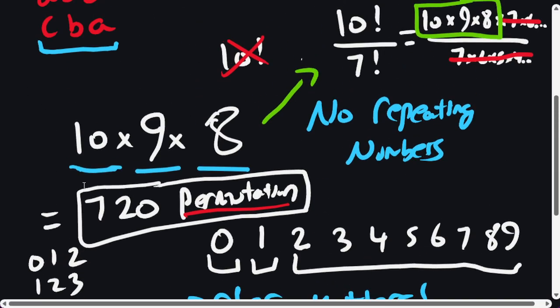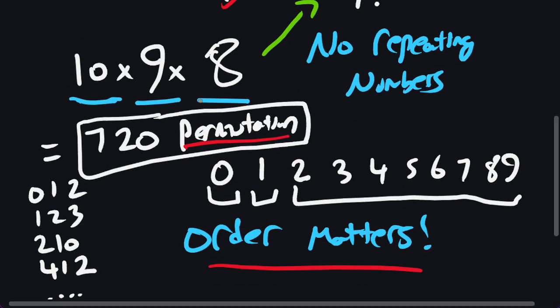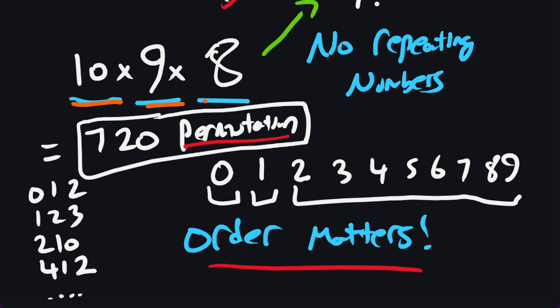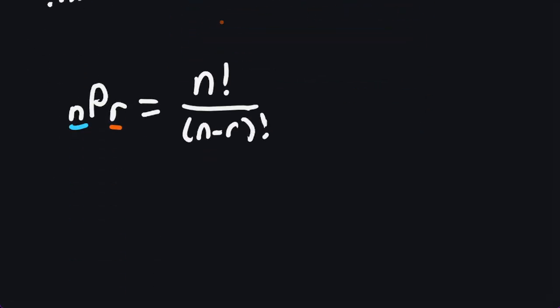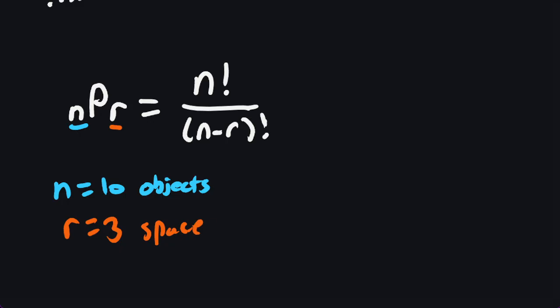is how many slots we have in our combination lock. So we have 1, 2, 3 slots. So n would be 10, and r would be 3, because we have 10 objects and we want to arrange these objects given 3 spaces.